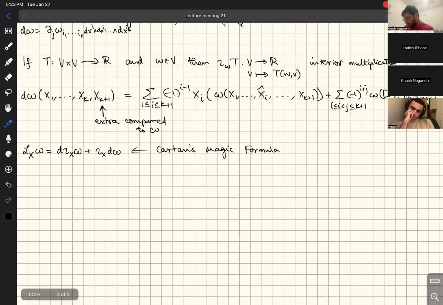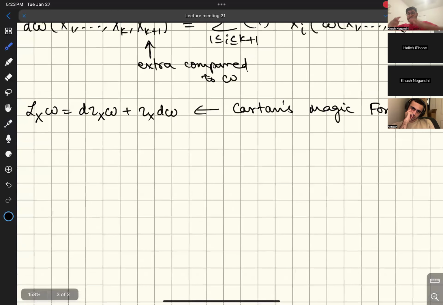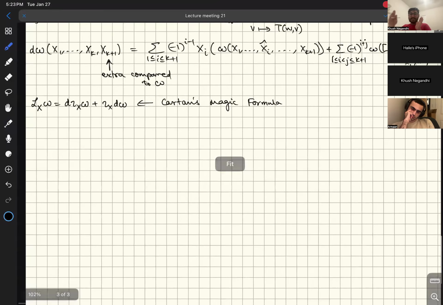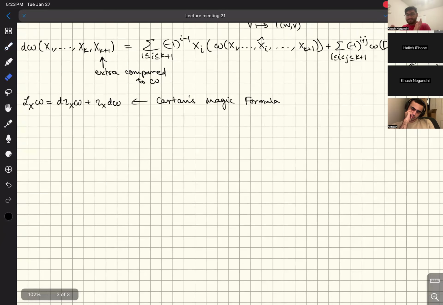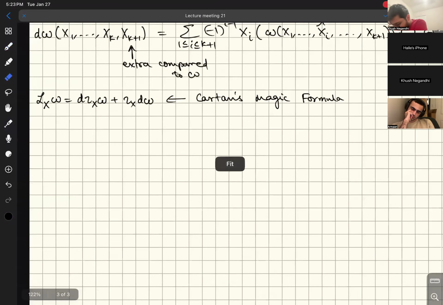Okay. So this is the exterior derivative. Algebraically, we see something really cool. If you take all the forms and you put them in a line, you can connect them by this exterior derivative map.